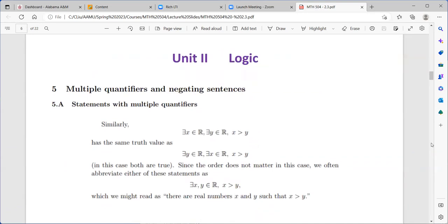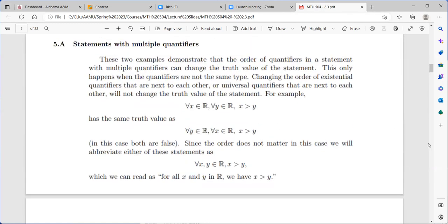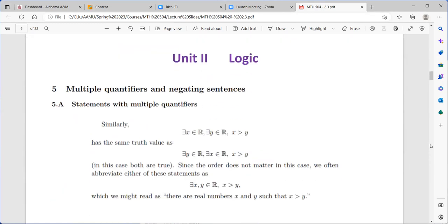And similarly for the other quantifier, the existential quantifier, the order is not important if both quantifiers are existential quantifiers. We just talked about the universal quantifiers. Now we talk about the existential quantifier.